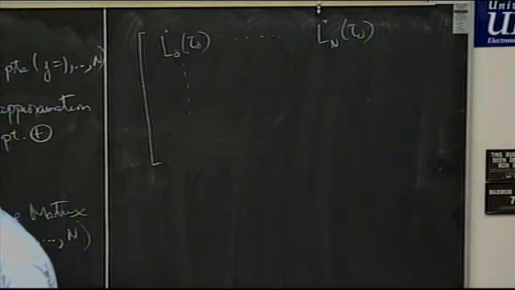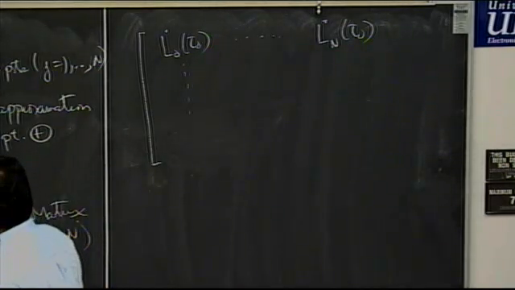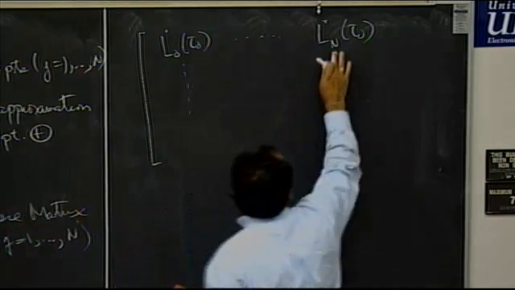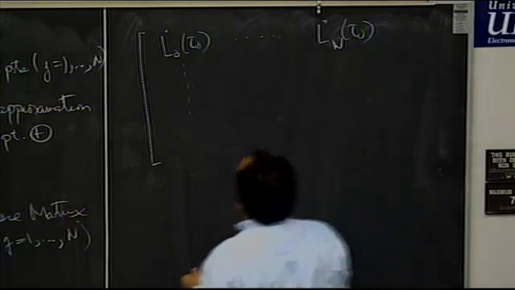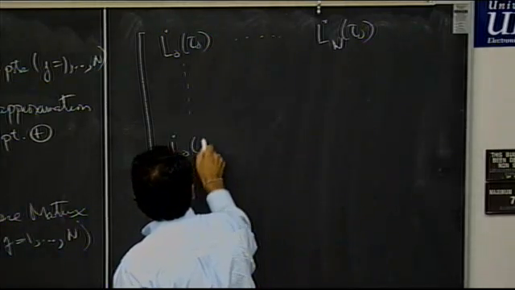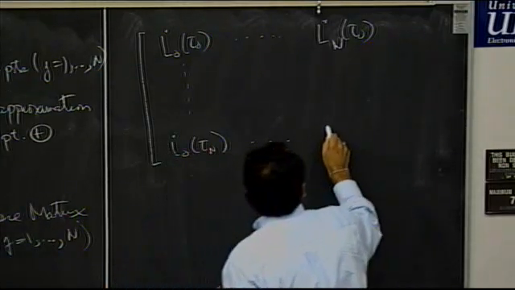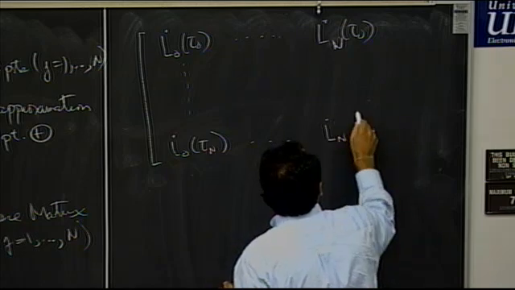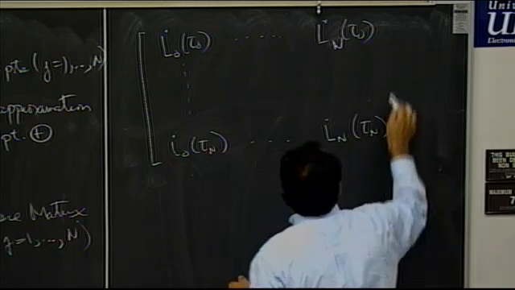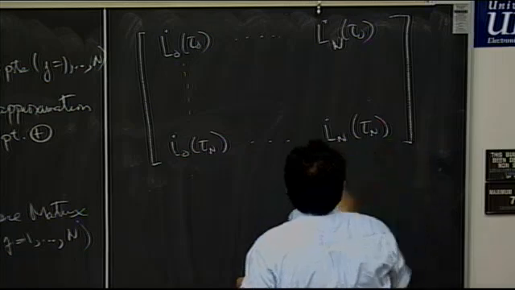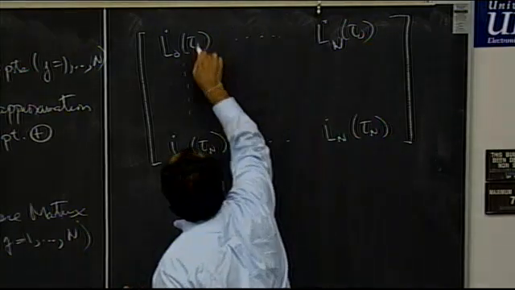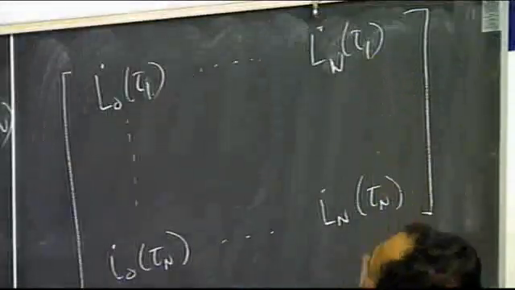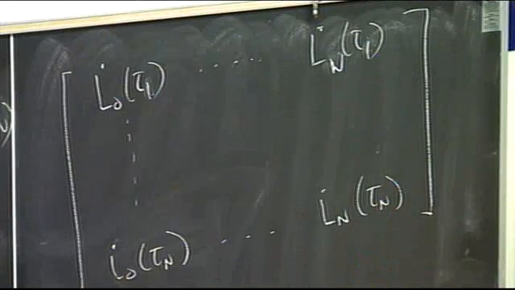So i goes from 0 to n, number of columns. Yeah, no, this is right. And then L0 dot of tau n all the way up to Ln dot tau n. No, I did this wrong. There we go. Okay, the tau 1.